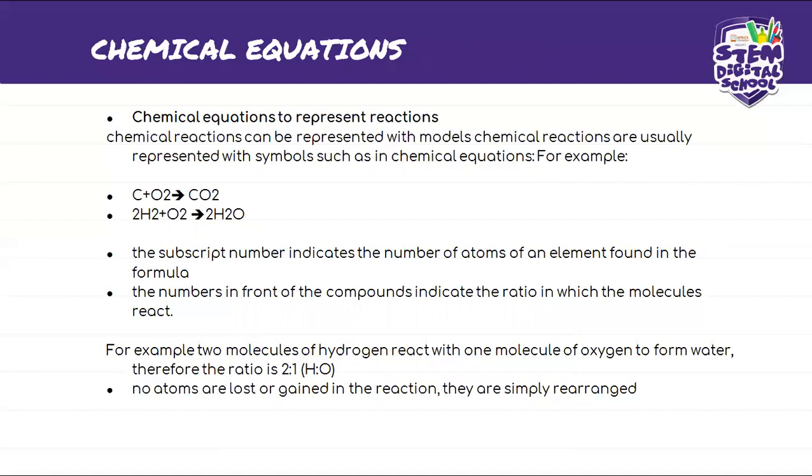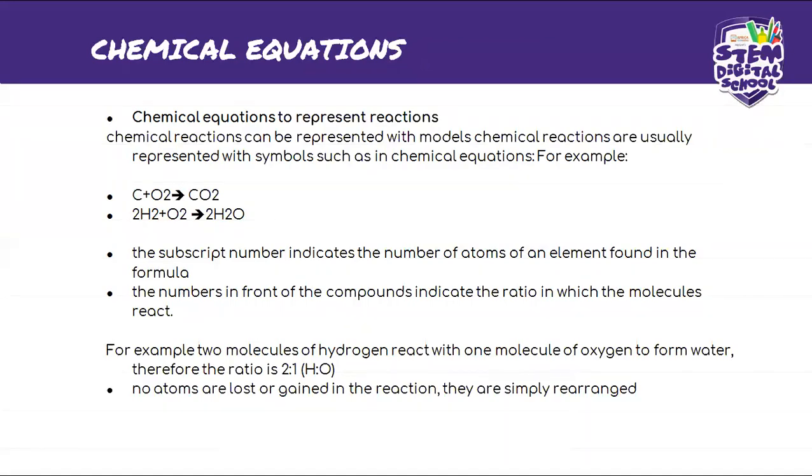Now let's go to the next one. We have already seen the second equation, that is 2 atoms of hydrogen, 1 atom of oxygen, and then giving us what? 2 molecules of water. Now let's listen. The subscript number indicates the number of atoms of an element found in the formula.